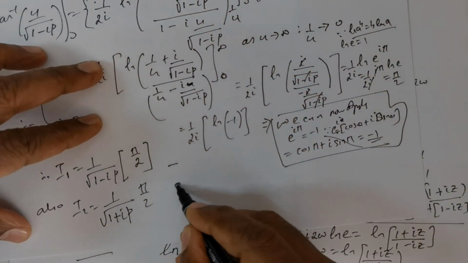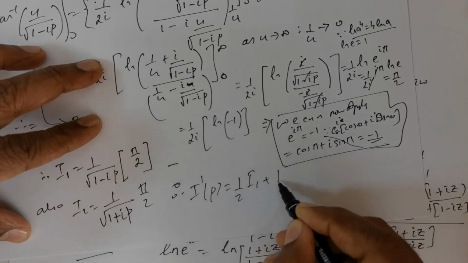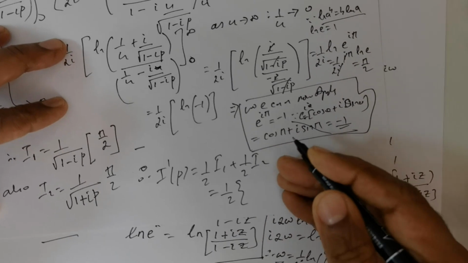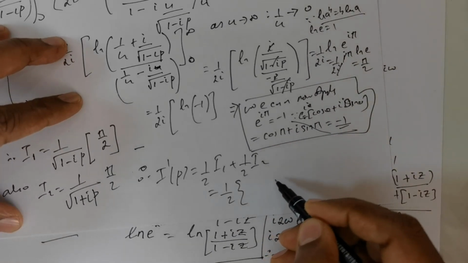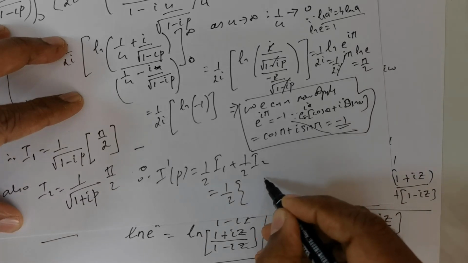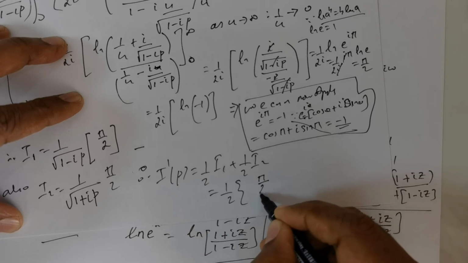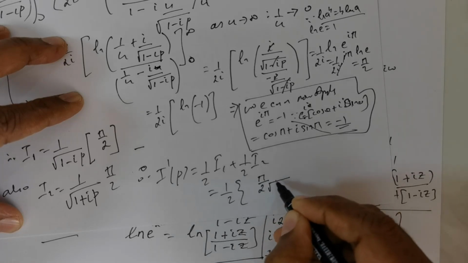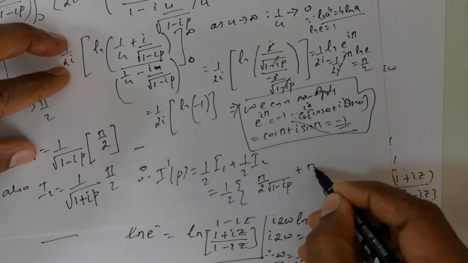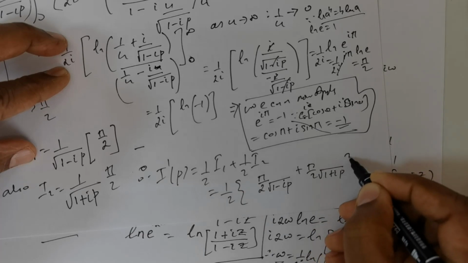Therefore I dash of p is equal to 1 over 2 times I1 plus 1 over 2 times I2, which is equal to 1 over 2 times, taking it as a common quantity, pi over 2 times root of 1 negative i times p plus pi over 2 times root of 1 positive i times p.